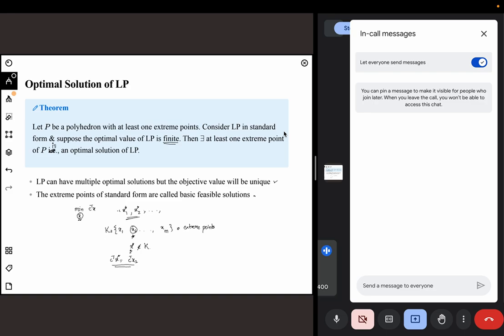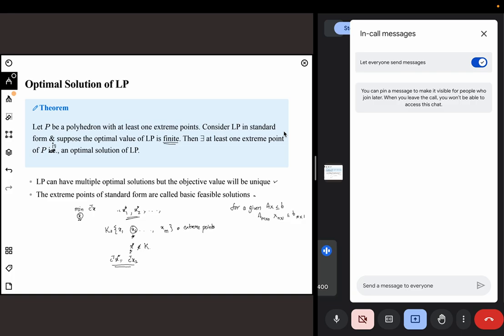But then how many extreme points can I have? For a given polyhedron Ax less than or equal to B, let's say A is an M by N matrix, X is N by 1, and B is M by 1.